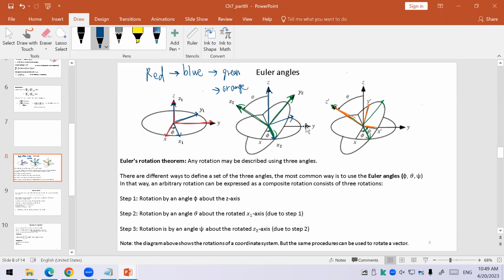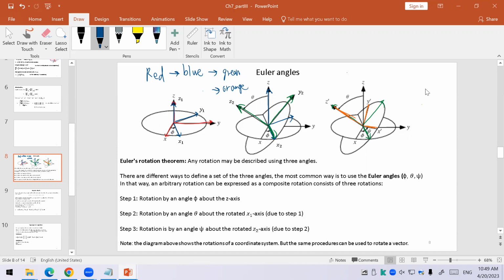So that is, you want to try to reorient any object, right? So you can always follow these 3 steps to do that, right?